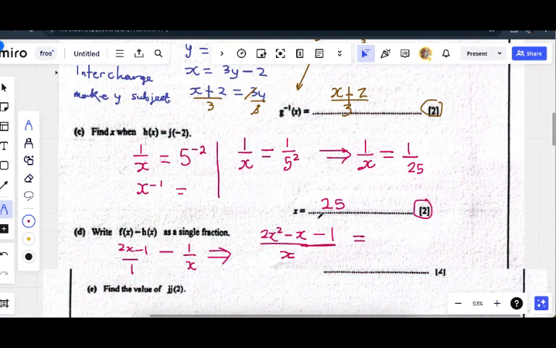So this is our answer. This is a single fraction. Is that okay? So this is our answer, 2x squared minus x minus 1 over x.